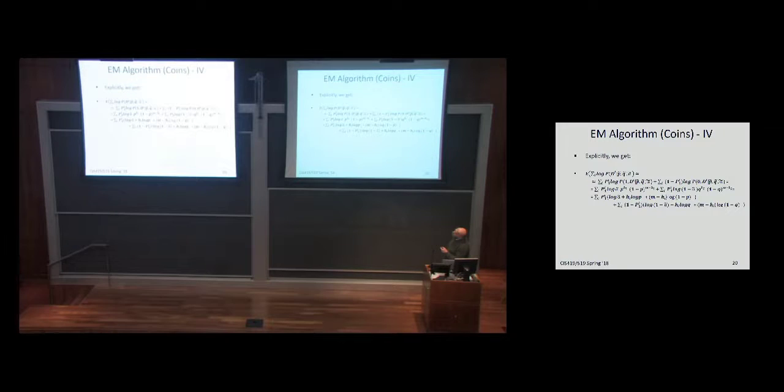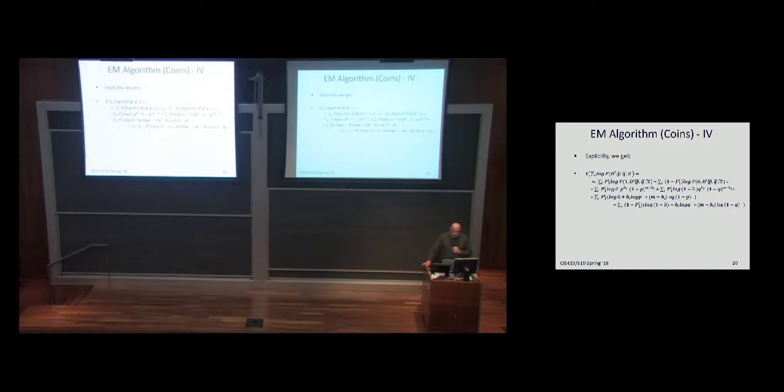So I'm using this approximate equal here. It's the sum over i, P1i log P of 1 comma di given the parameters, plus 1 minus P1i log P of 0 comma di given the parameters. So basically, I split it into the two cases, if y is 1 or if y is 0.